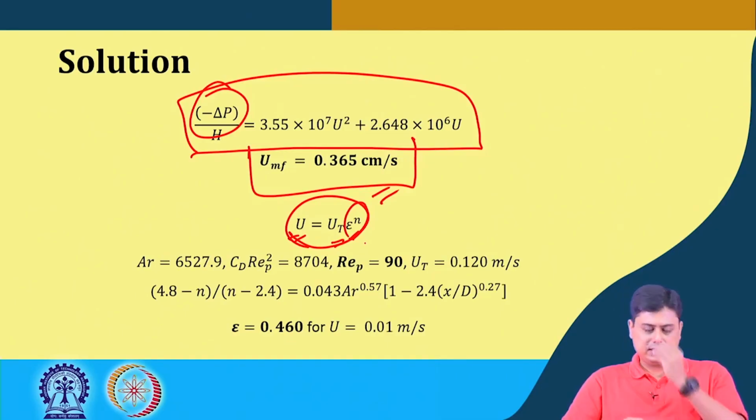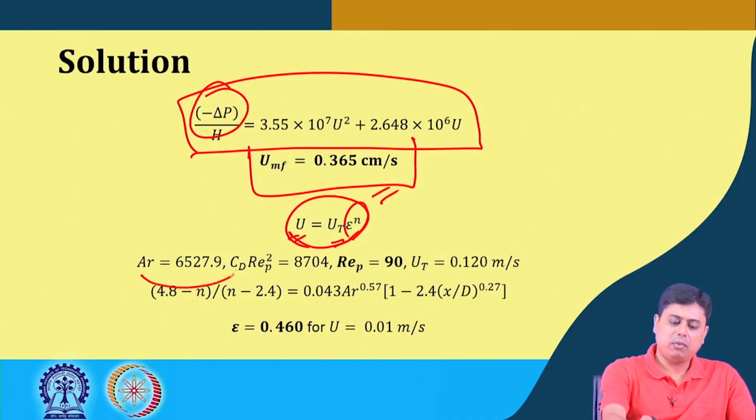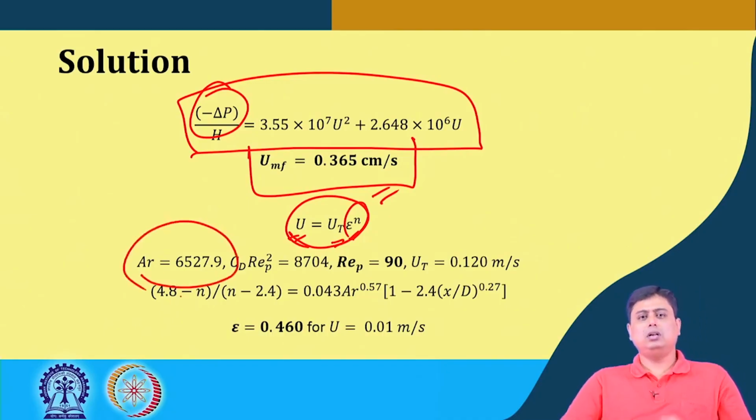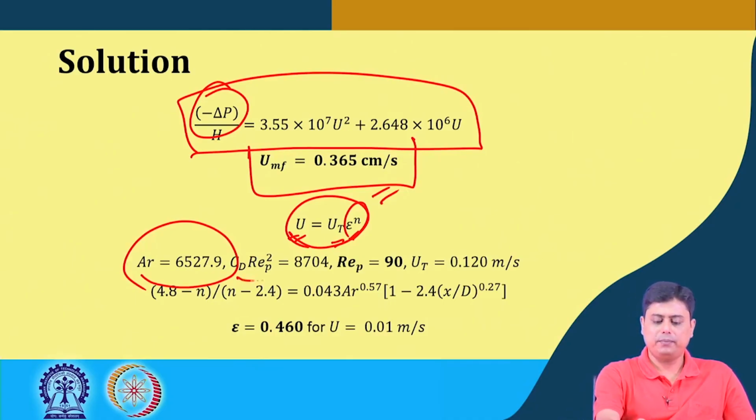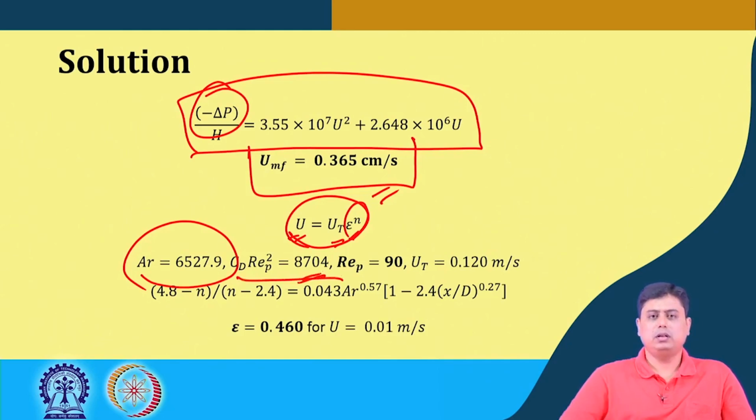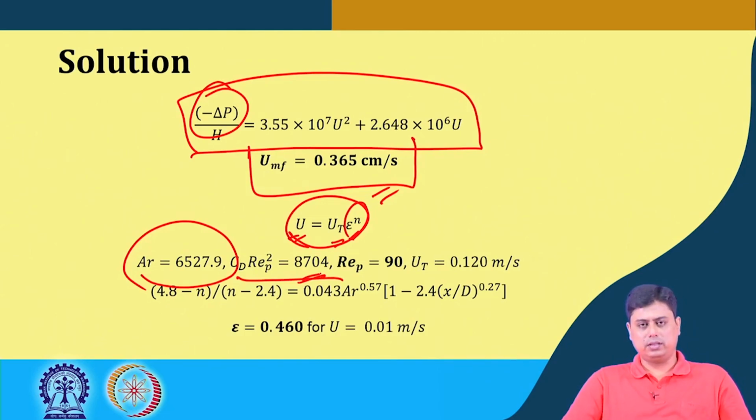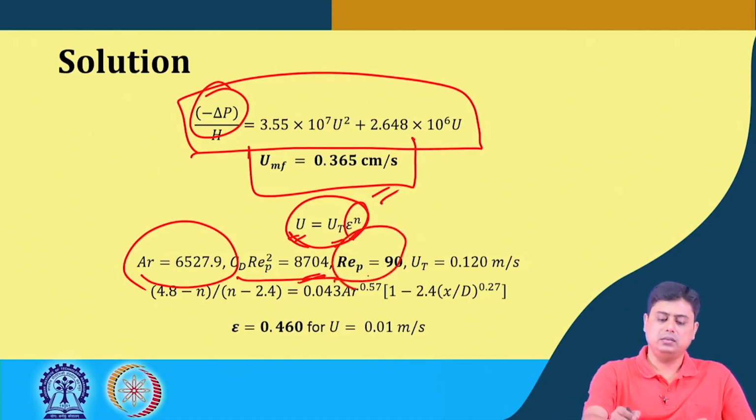Okay. So here similarly, the Archimedes number we can calculate, because these are based on the particle and the fluid properties, and all the required values are mentioned. So CD Rep² in this case comes out to be 8704. If we apply the same methodology to find the intersection of this CD Rep² constant line with the standard drag curve, we find that Rep is 90.